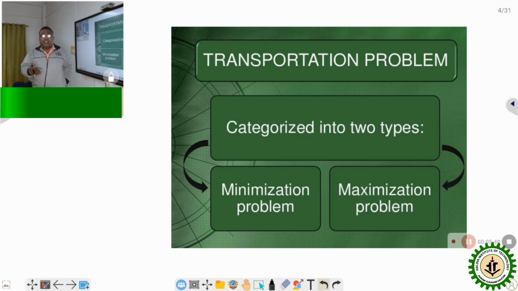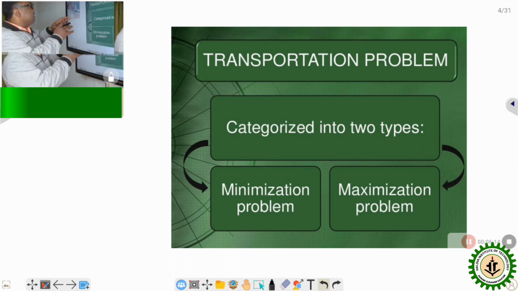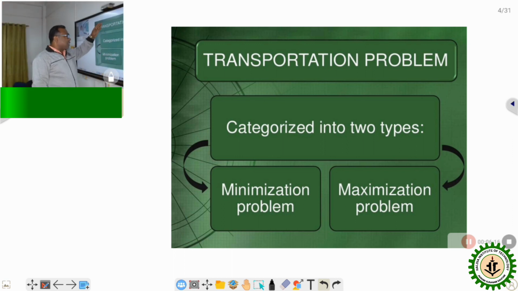But in some cases, it may be given in terms of profit. That is, if we transport one unit from here to this destination, then the profit will be this. At that time, as the elements of the matrix represent profit, we will try to maximize it. That's why we categorize the transportation problem into two types: minimization and maximization.